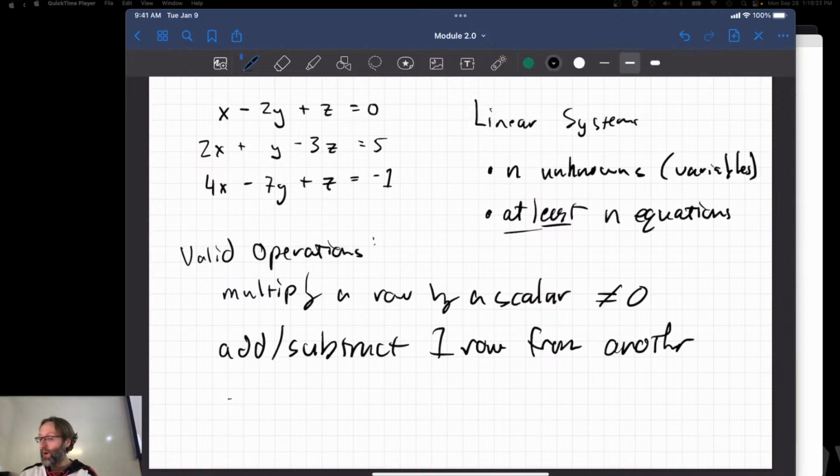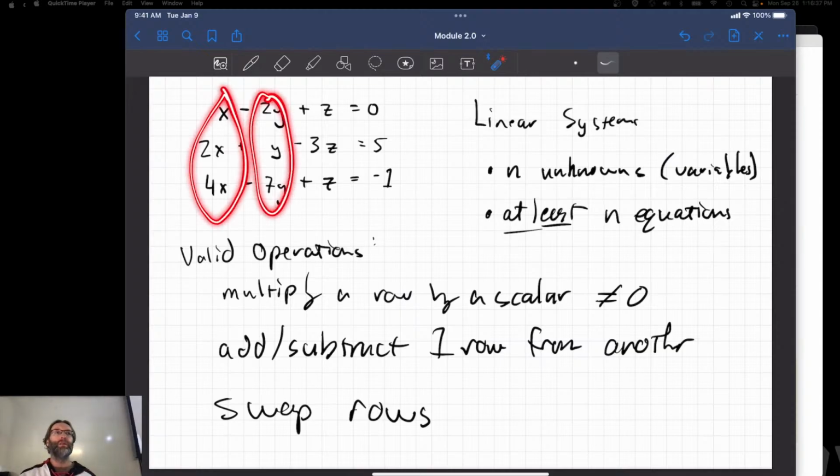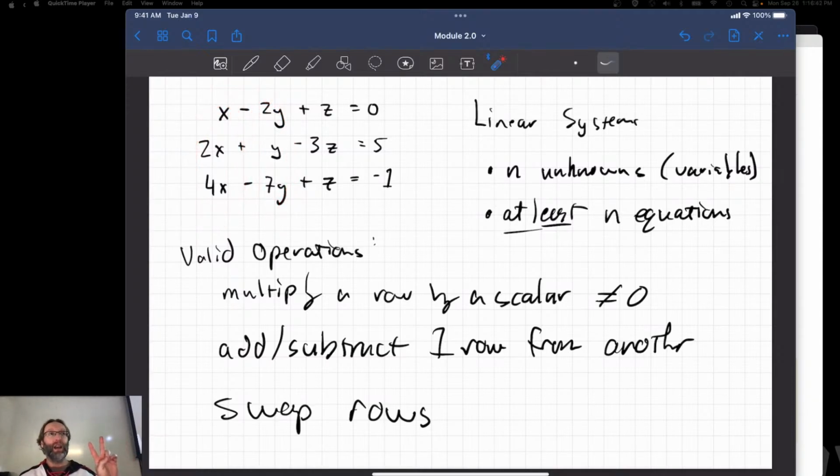You can swap rows. Why? Because there's nothing special about me writing this one first versus this one first. They're the same equations. Can you swap columns? That makes it change. Yeah, it changes the variables. You can do that, as long as you keep track of it. X becomes Y, Y becomes X. And then you need to keep track of all of those swaps.